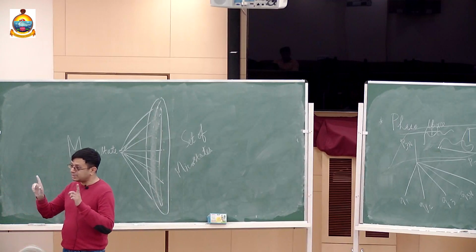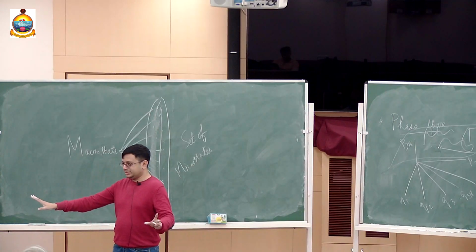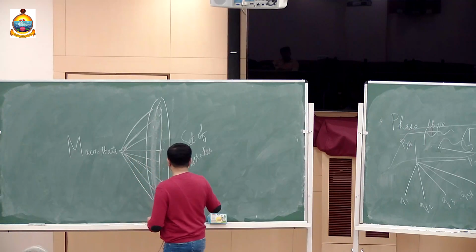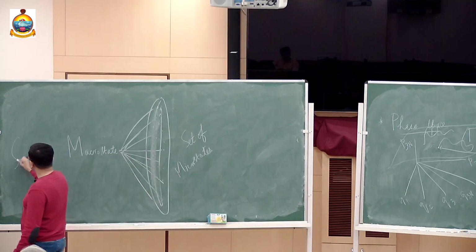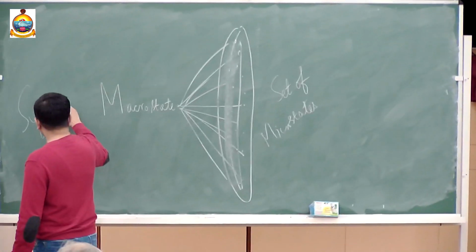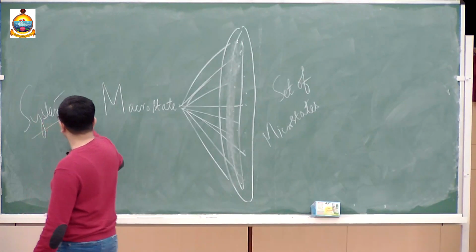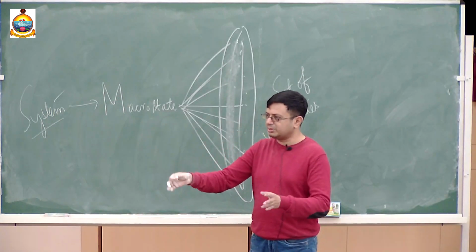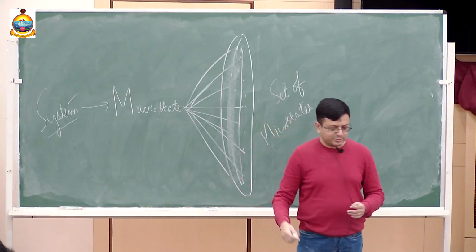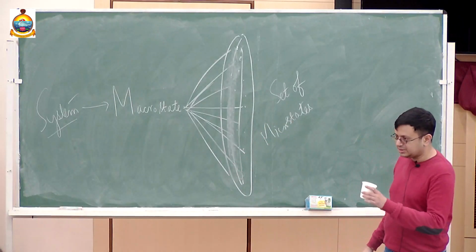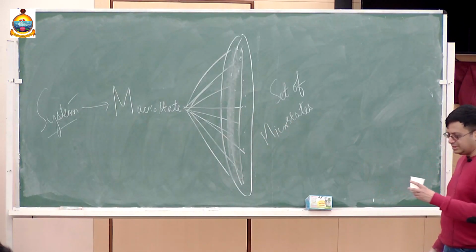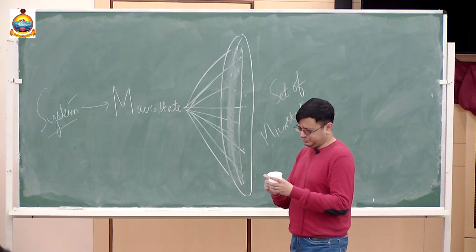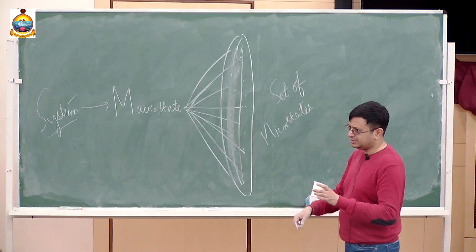Let me say it this way. When I say there is a system, I have to tell you what the macroscopic state of the system is: the volume, temperature, pressure. Suppose I take this as my system, then I have to tell you how much it weighs and what the density of this material is and so on.